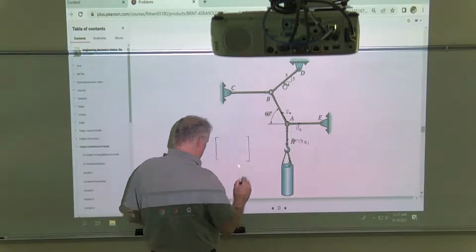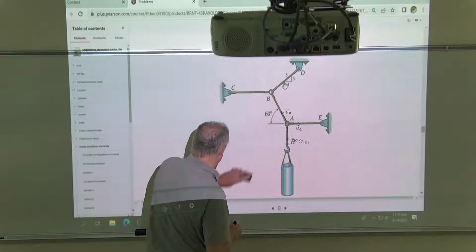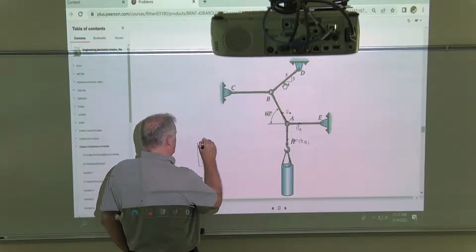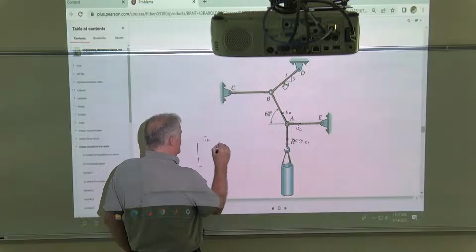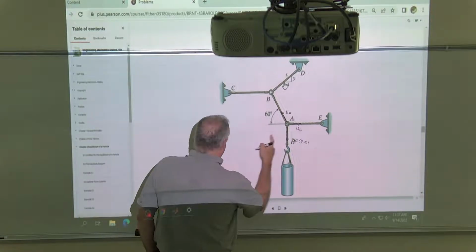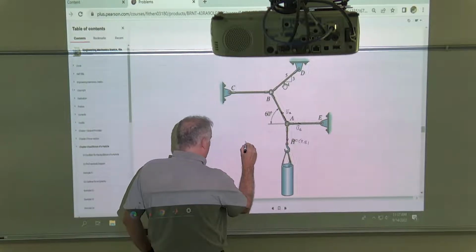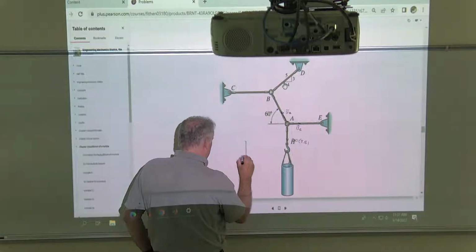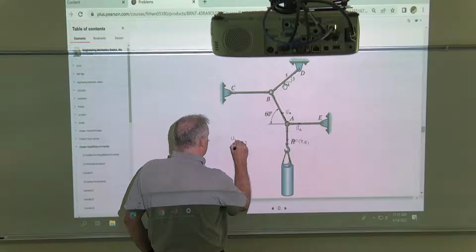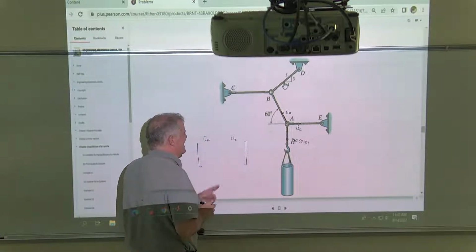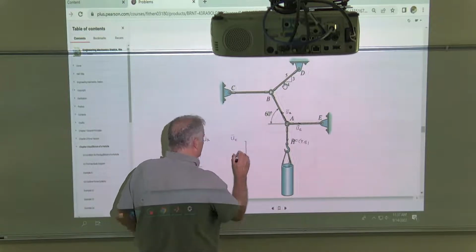Other people who saw the lecture, who are other professors, would be mad at me. But, so what I'll do is I'll start with B. Okay, well, okay, so, hang on. And unit vector E, that's easy. Maybe I'll start with this one first. Okay, so in the other one, hang on.